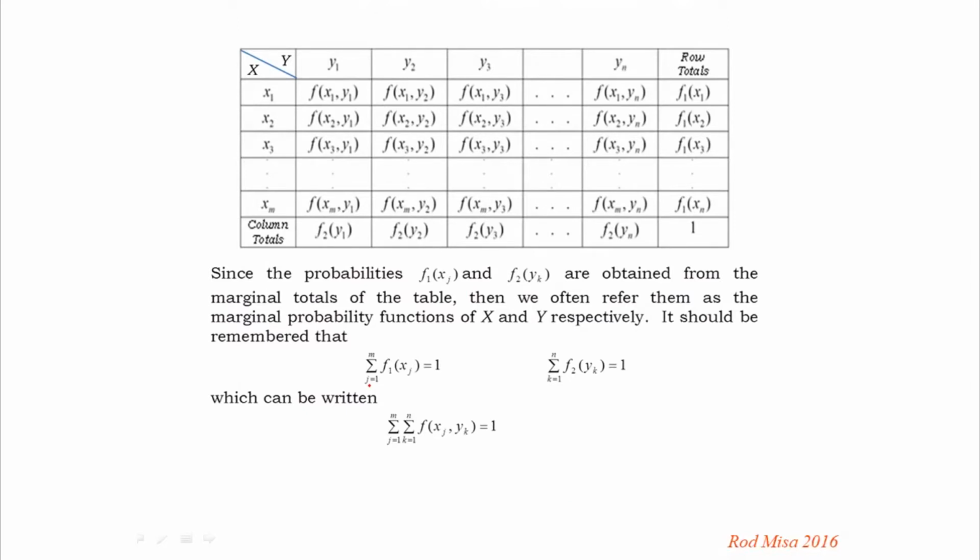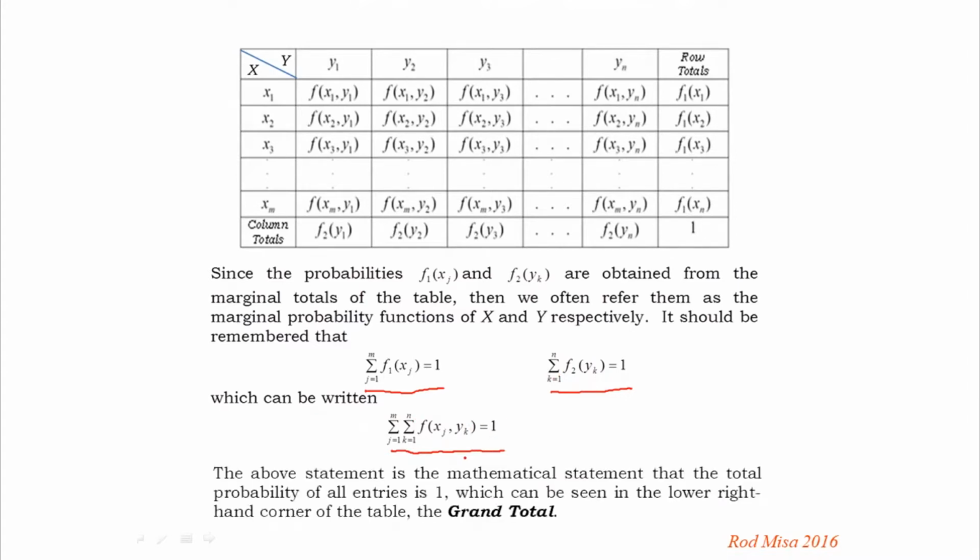And it should be remembered that the sum of all probability values of x sub j from j equals 1 to m, across all y's, must be equal to 1, or adding all probability values of y sub k, where k is from 1 to n, adding across all x's, the sum must be equal to 1, which can be written as the double summation of all probability values of x sub j adding from 1 to m and y sub k adding from 1 to n must be equal to 1.